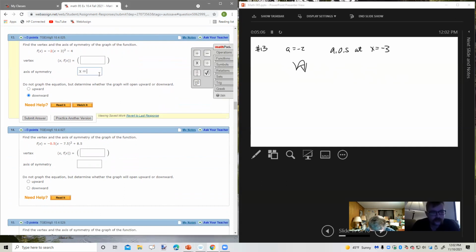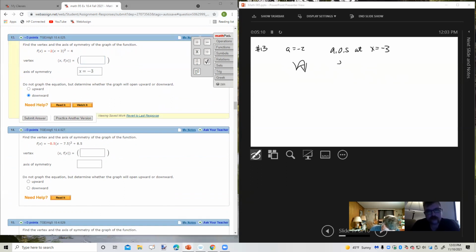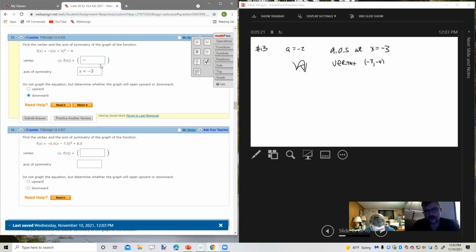So x equals -3. And the vertex is going to be at (-3, -4), (h, k). So (-3, -4).